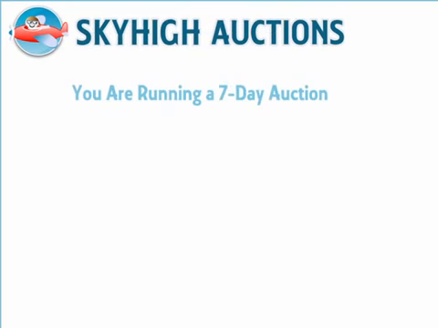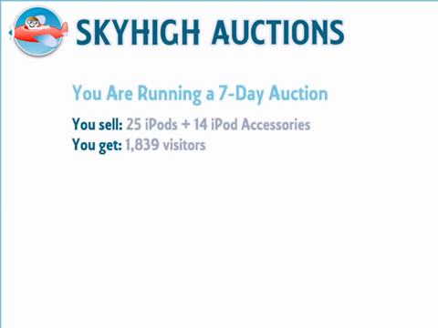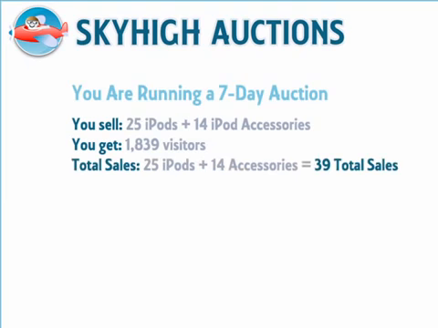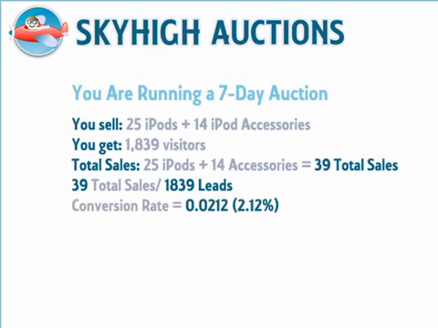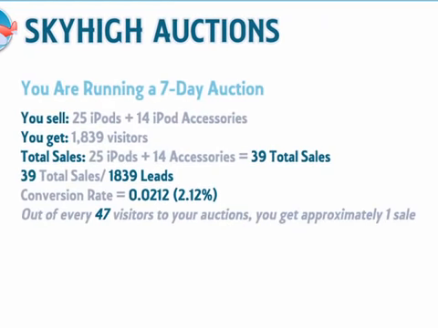For instance, assuming you are running a 7-day auction, if you were to sell 25 iPods plus 14 iPod accessories in 1 week, and you were to get 1,839 people visiting your various iPod auction pages during that week, then your conversion rate would be 25 iPods plus 14 accessories equals 39 total sales, divided by 1,839 leads. This gives you a conversion rate of 0.0212, or 2.12%. In other words, out of every 47 visitors to your auctions, you get approximately 1 sale.